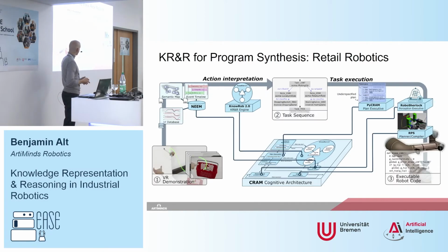And how does this work? This is a bit complex overview diagram. I will just give a very high-level overview of this. We start with a VR demonstration. We interpret what actions at the event level correspond to the sensory data that we collect down here. We do a process which I called action interpretation, which basically maps from the action to the task.